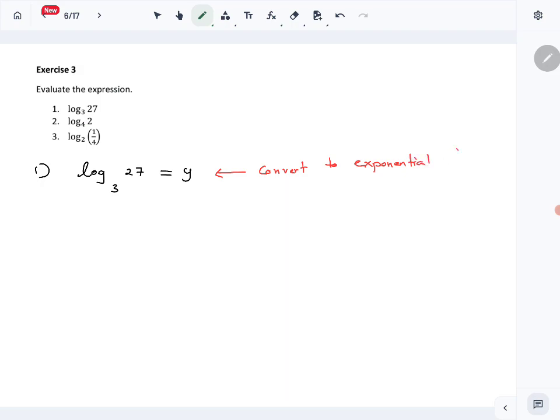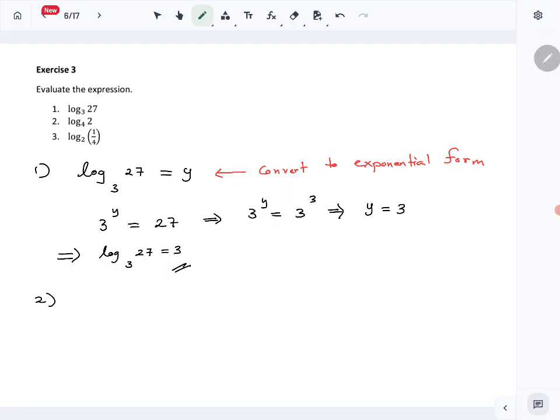So then this is what? 3 to the y equals 27. Right. So that is 3 to the y equals 3 cubed. So then same base, no? So then we can drop the base and equate the exponents. So y equals 3. So that means log base 3 of 27 is equal to 3. So we just convert it into exponential form, then we can get the answer.